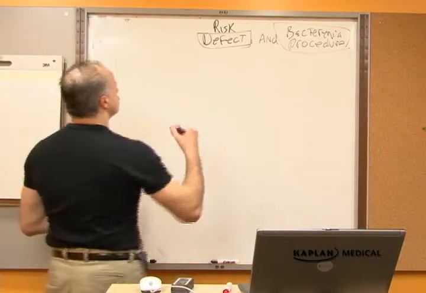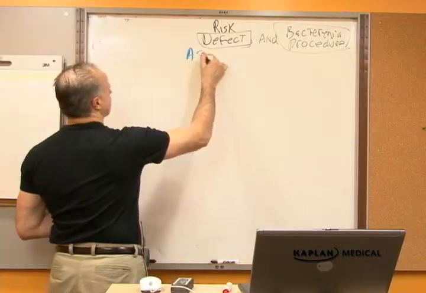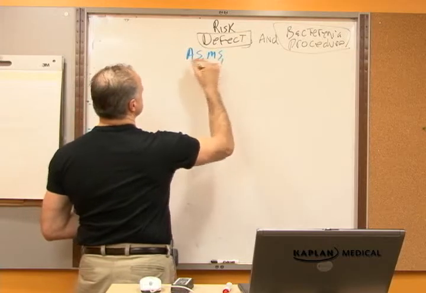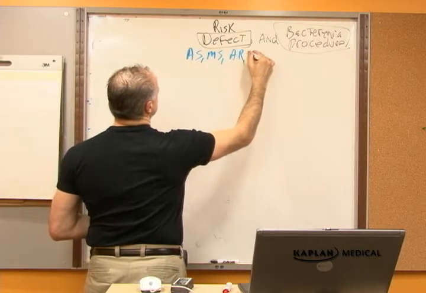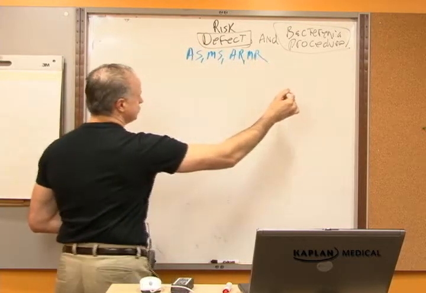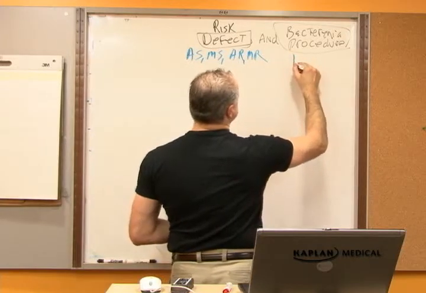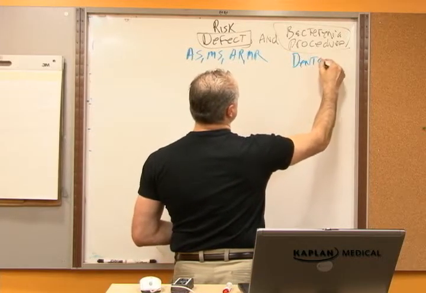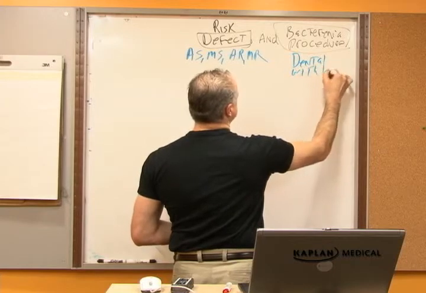For instance, you have to have a significant defect like aortic stenosis, mitral stenosis, aortic regurgitation, or mitral regurgitation. And you have to undergo a procedure like dental work that gives you blood, like an extraction.